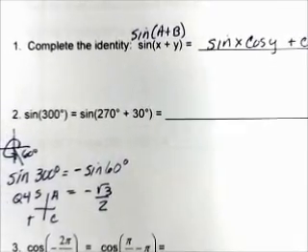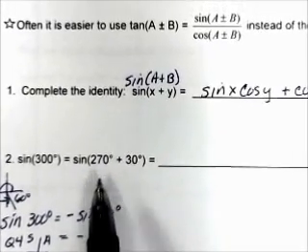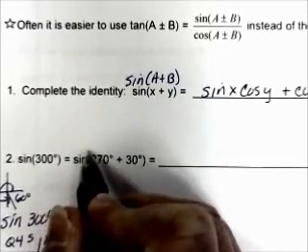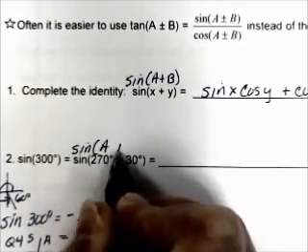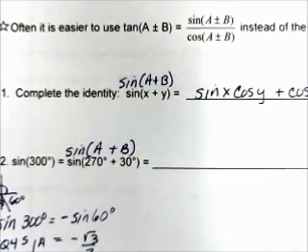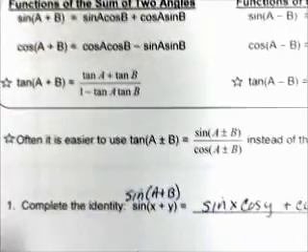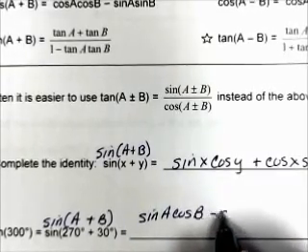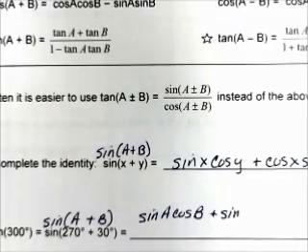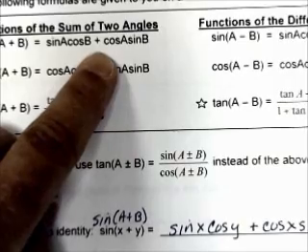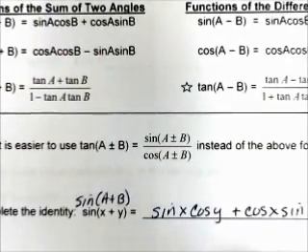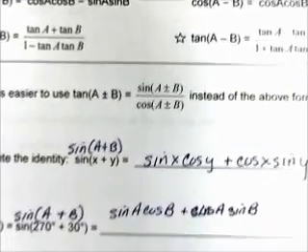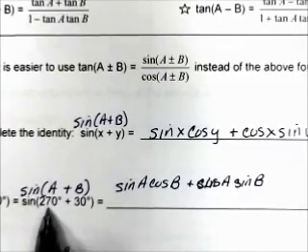Now, our new way, using our formula, the sine of 270 plus 30 is the sine of A plus B. This is going to equal, getting it from the formula above, sine of A plus B is equal to sine A cosine B plus cosine A sine B. Okay, so we replace A with 270.